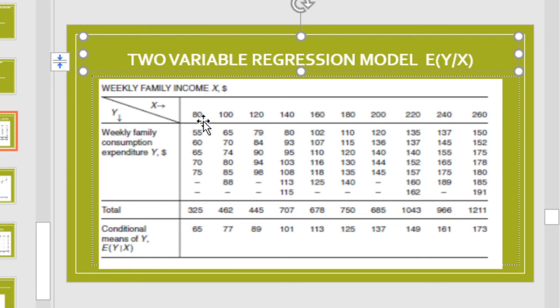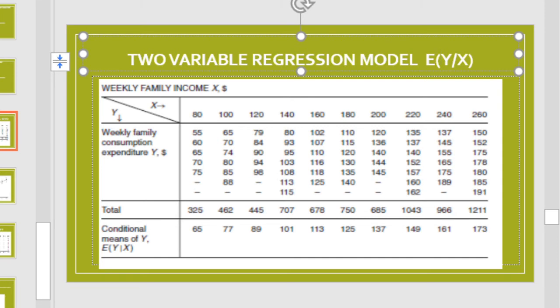Then we are calculating the average value for each income group, and then we are plotting the value. Therefore it is the conditional expected value. That is the major difference between the conditional and unconditional value.